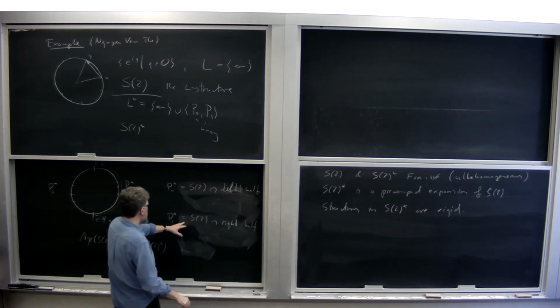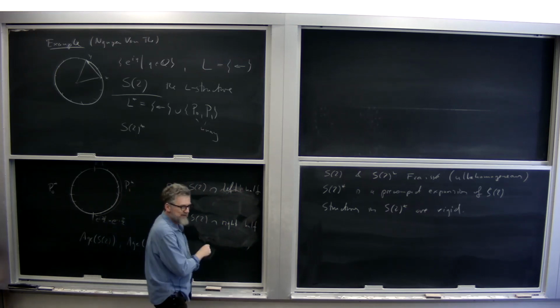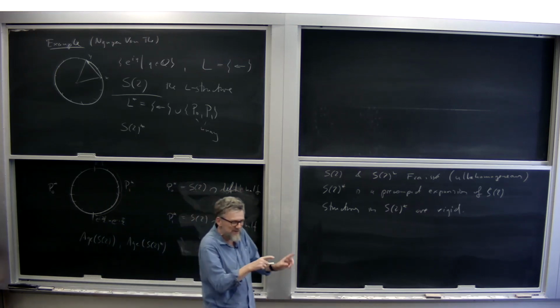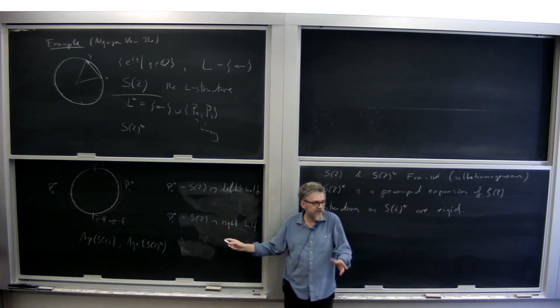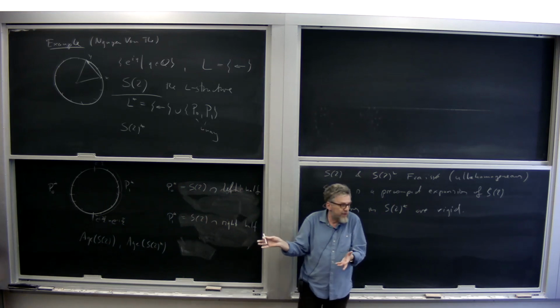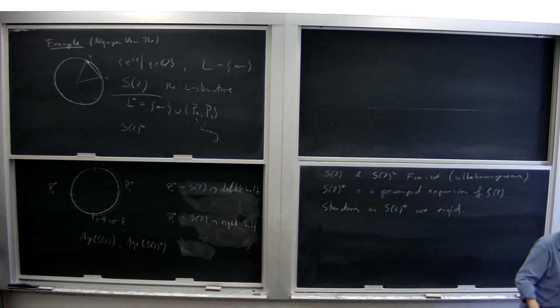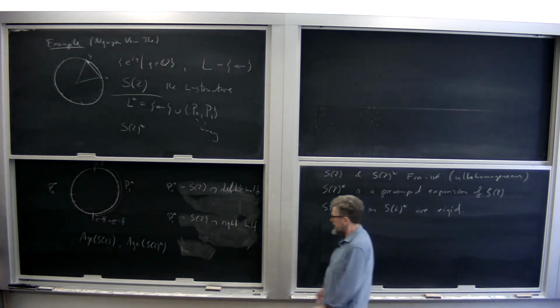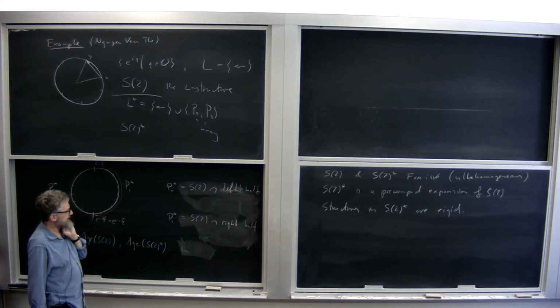And so I should have written SO2 intersection this set. Thanks. So this would be SO2 intersection the set with the formulas that I had there, except that Q is not in Q. It's just an arbitrary real. All right. So, okay, so these things are rigid.